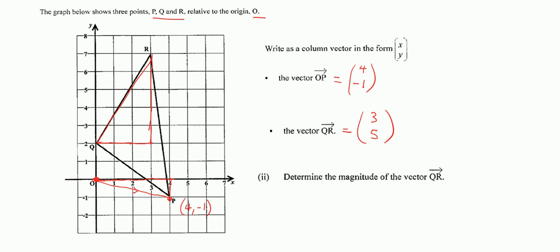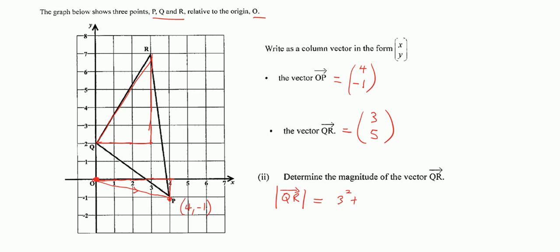Now they want to determine the magnitude of the vector QR. So the magnitude of a vector QR is written as this. Since we already know QR is 3, 5, we're going to use Pythagoras' theorem essentially.